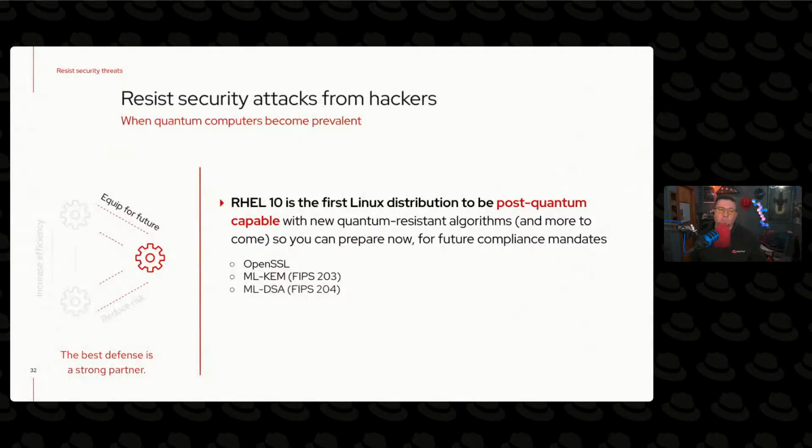Post refers to the ability to protect your information after quantum computers become more available to attackers. Now, I'm not talking about hackers that have quantum computers in their basements. I'm talking more about nation states that are probably harvesting all of our data right now, in the hopes that they will be able to decrypt it later, right?